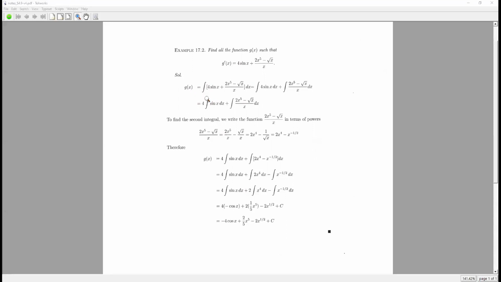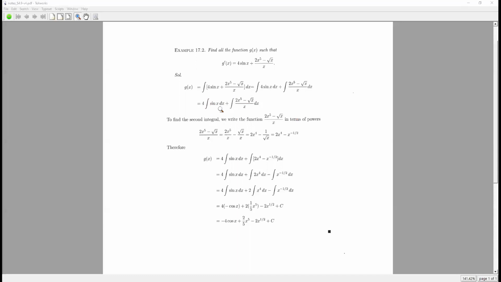Now, by the summation formula, I can split this big integral into a sum of two smaller integrals. Constant 4 times a function: the constant can be moved outside the integral. Then I get this. The first integral here is easy to tell.